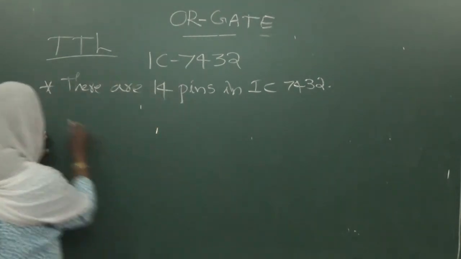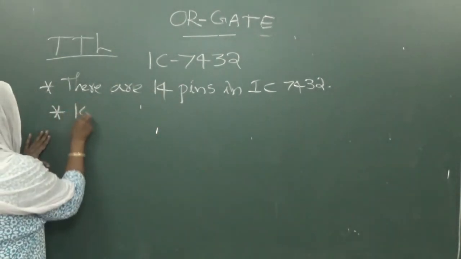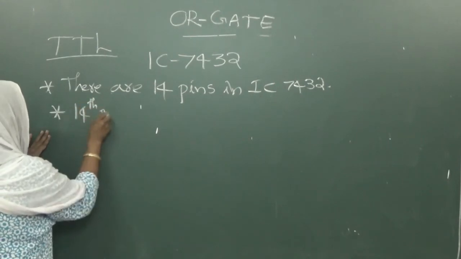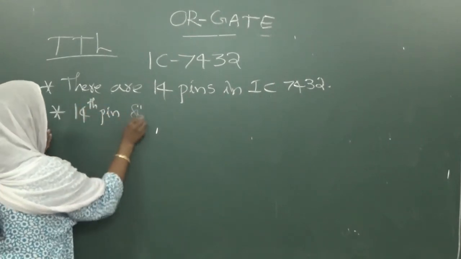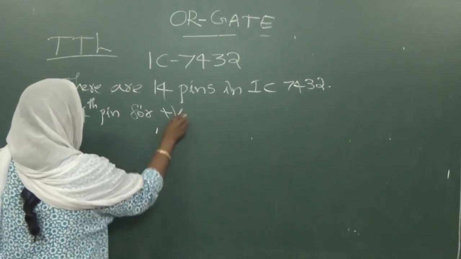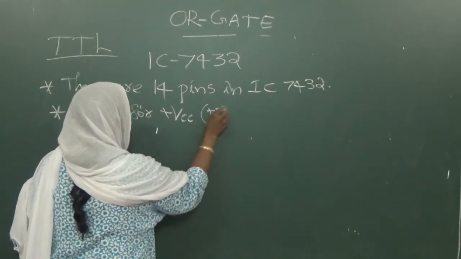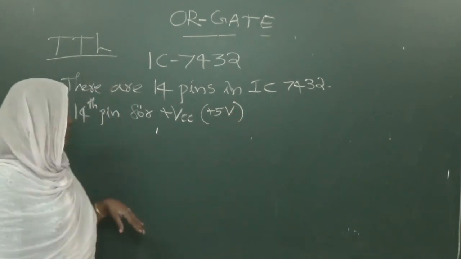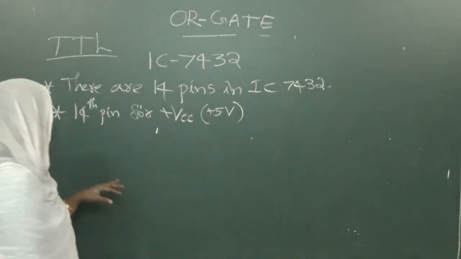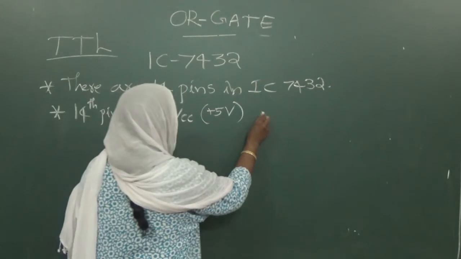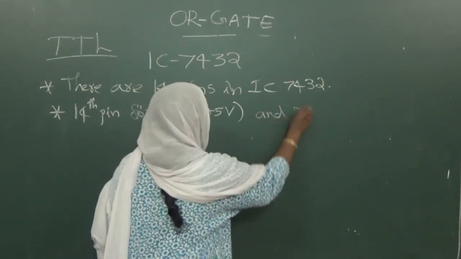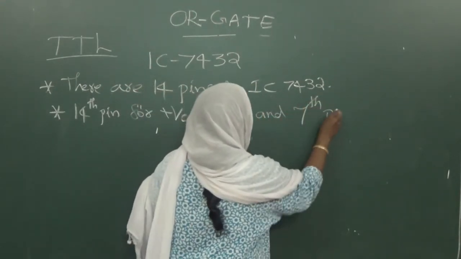So the 14th pin is plus VCC, that we can write as plus 5 volt. Plus VCC, plus 5 volt, and the 7th pin is grounded.